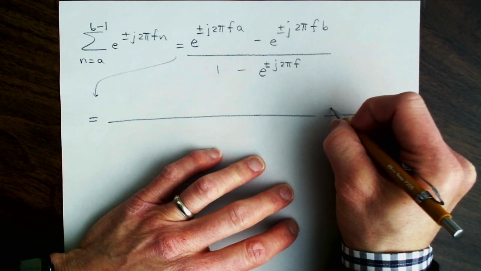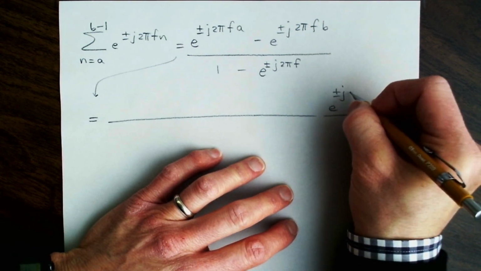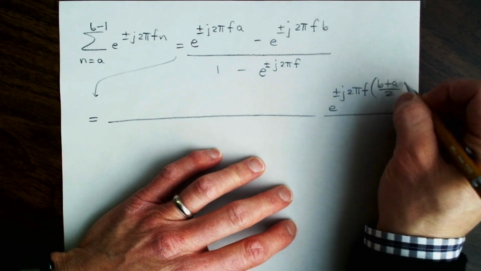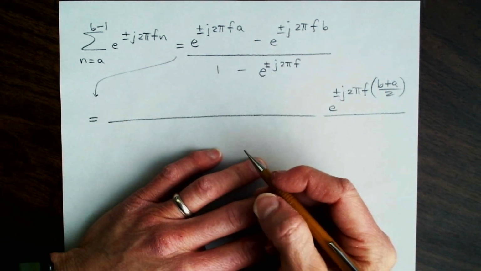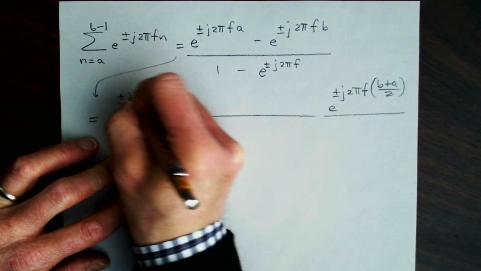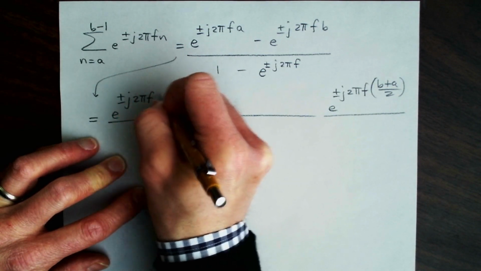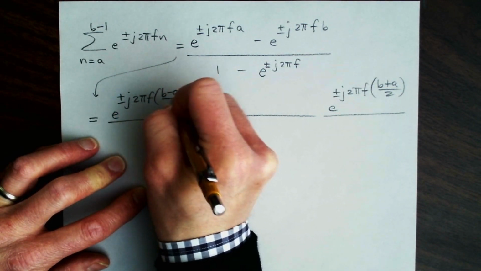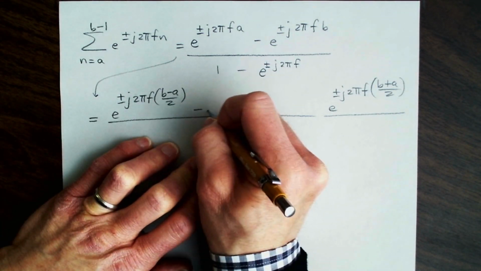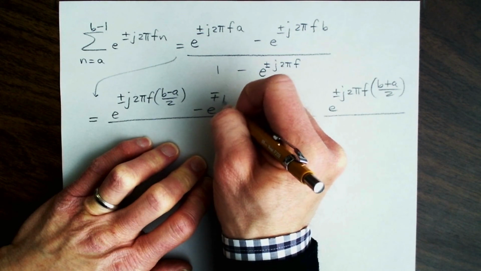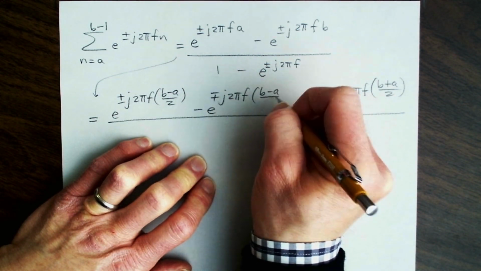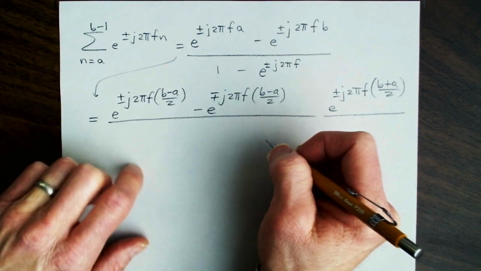Let's factor out an exponential whose argument is the average of the arguments of these exponentials. When we do that, we'll have e to the plus or minus j 2 pi f (b minus a) over 2 minus e to the minus or plus j 2 pi f (b minus a) over 2. So there are the symmetric exponents that we were looking for.